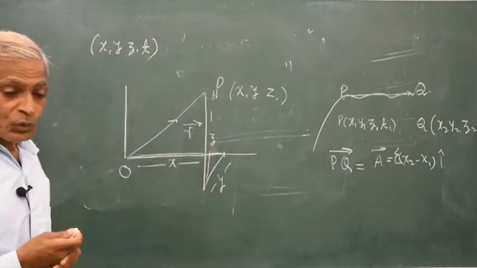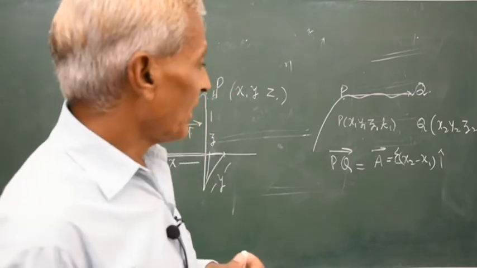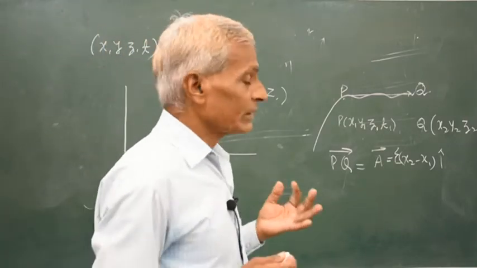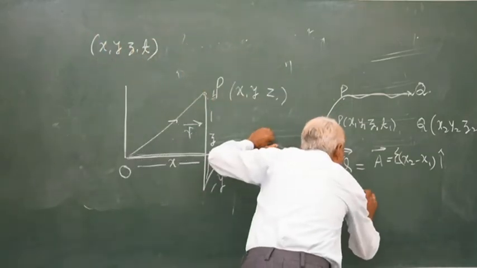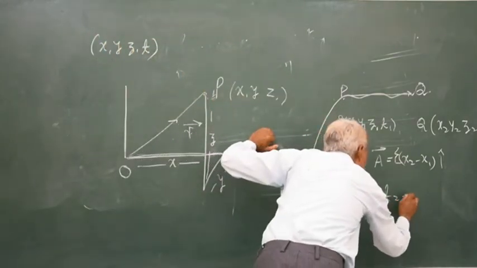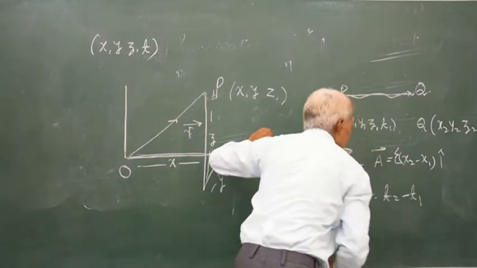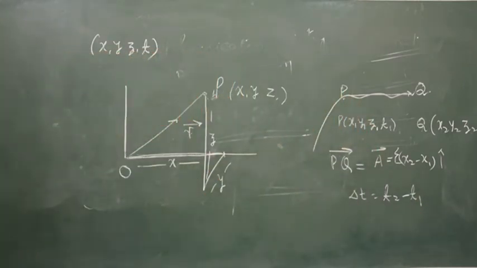If point moves from P to Q after taking time delta t, where delta t is t2 minus t1. Now velocity is dx by dt.